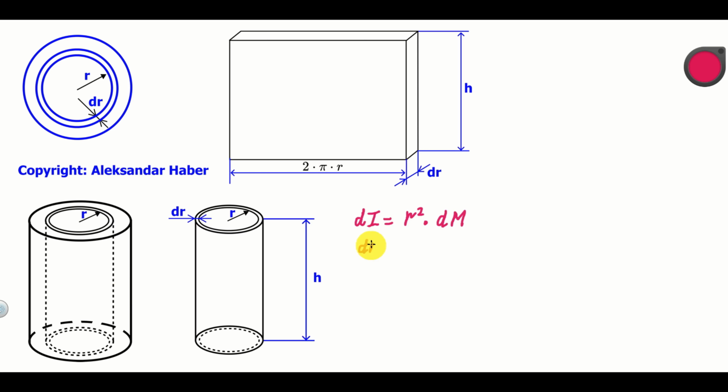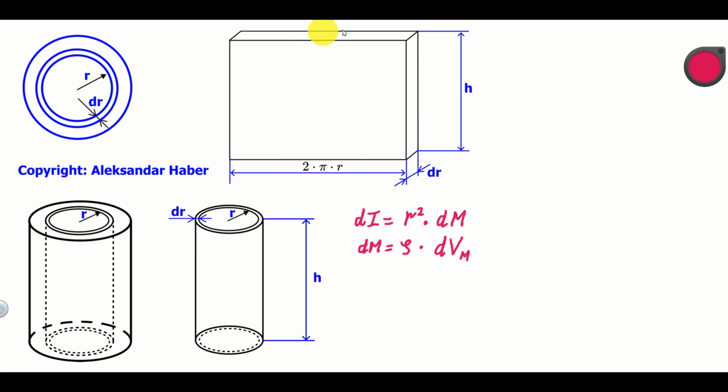The mass of the shell is simply equal to the density of the material multiplying dV. Now, what is dV? That is, what is the volume of our shell?